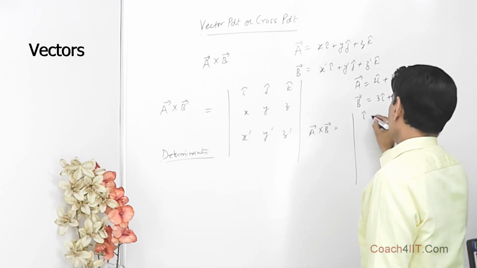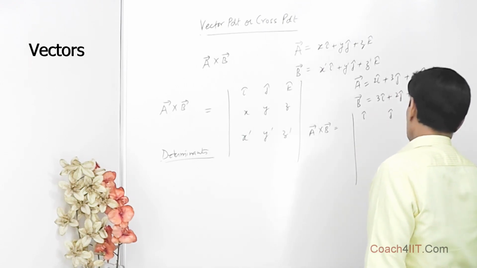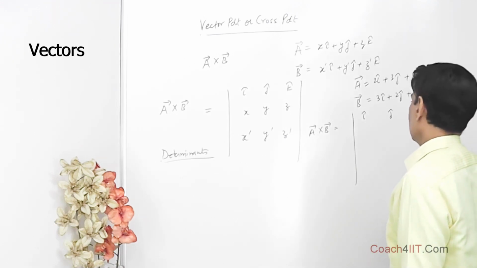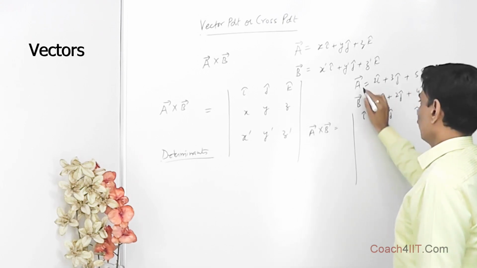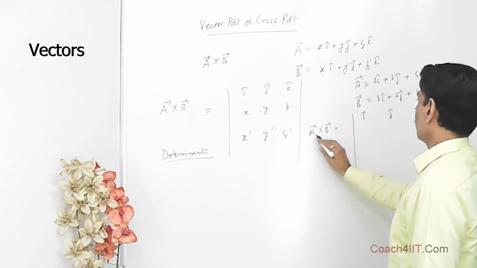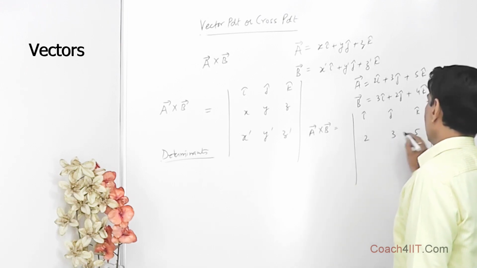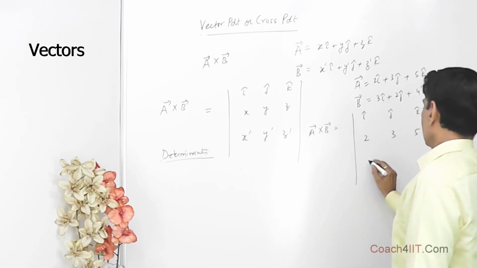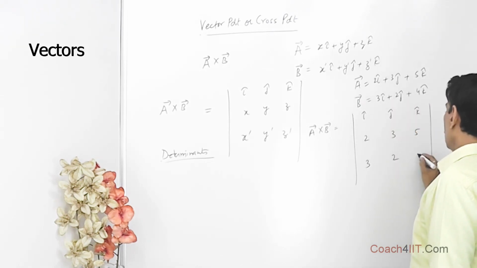Over here we write i cap, j cap, k cap. These two lines represent determinants. First we write the coefficients of the first vector, so it is 2, 3, 5, and then the B vector coefficients of i, j and k will be written, 3, 2 and 4.